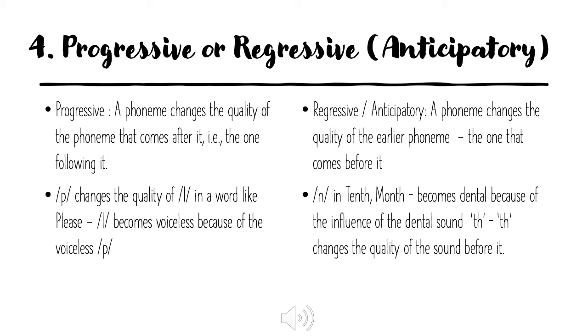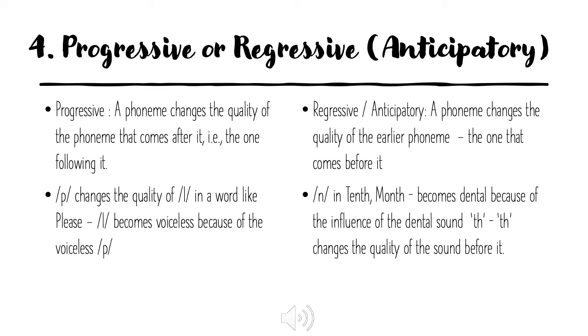Of course, this changes within the word. You can think of such changes at word boundary too, but I'll not confuse you with that further example right now. Understand that the progressive change is one that involves the sound changing the sound that comes after it. It can be, on the other hand, a regressive or anticipatory change. Here, the phoneme changes the quality of the earlier phoneme.